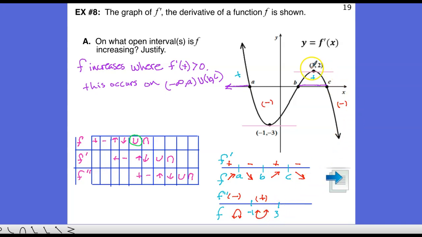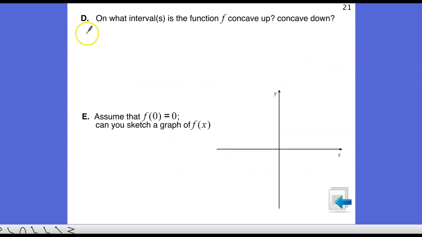And then finally, from 3 to infinity, f prime is decreasing. That means that f double prime is negative, and it means that the original graph f must have been concave down.